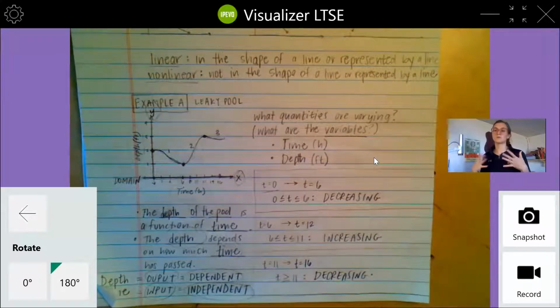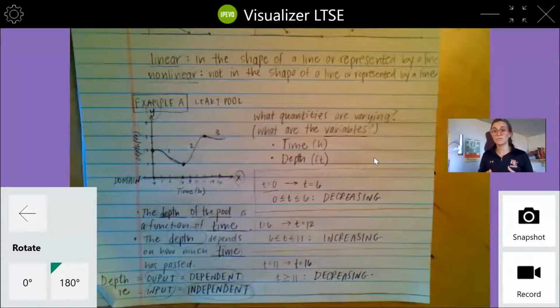So if someone needed to know what this graph means, or if I was talking to them on the phone and I couldn't share my screen with them and I had to explain what my graph looked like, I would say that the depth of the pool is on my y-axis. The time is along the x-axis.